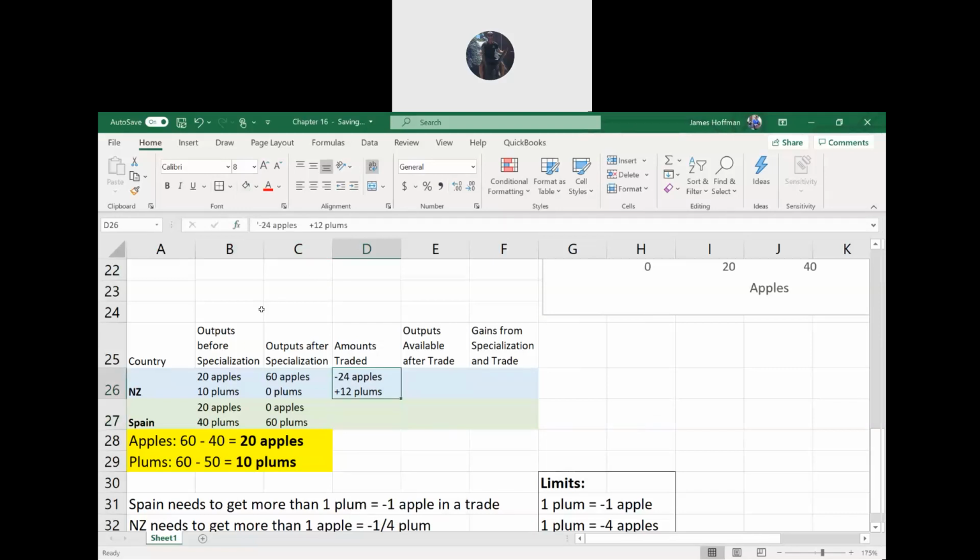All right. So here's the trade that was given, right? 24 apples for 12 plums. Now they have the apples, so they're losing the 24 apples and they're gaining the 12 plums. And the opposite will be true for Spain.